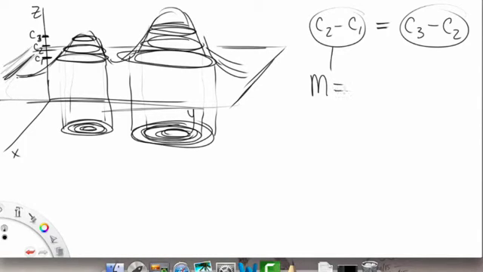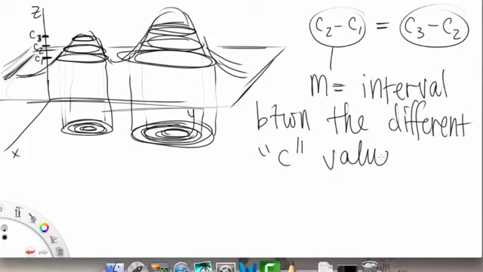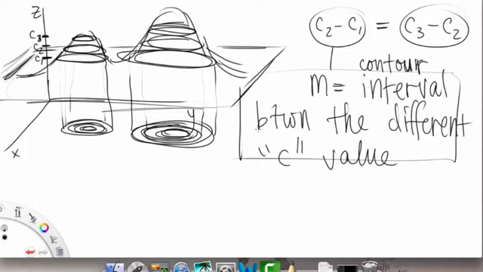That's what we call, not our slope, but this is the interval between the different c values, or the height values, c values. We call it the contour interval, okay? Specifically or formally, that's what the name is. Anyway, that was just a quick definition there on the side, okay?